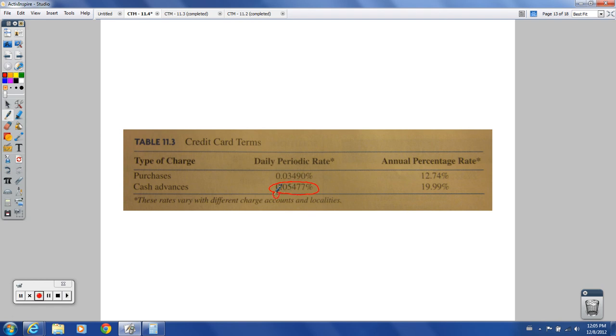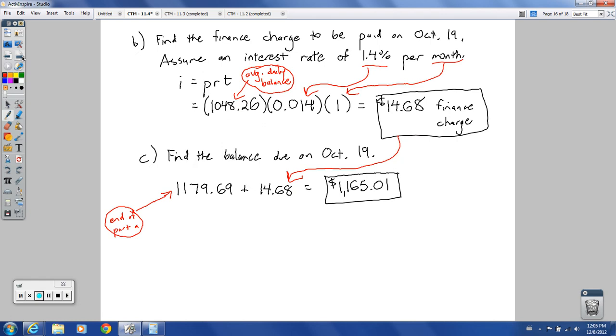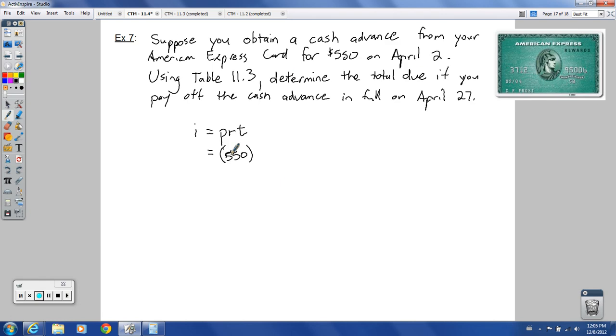We have to move that decimal 2 spots to change it to a decimal instead of percent, so it'll be 0.0005477. And then time: how many days is it from April 2nd to April 27? It's a difference of 25 days.